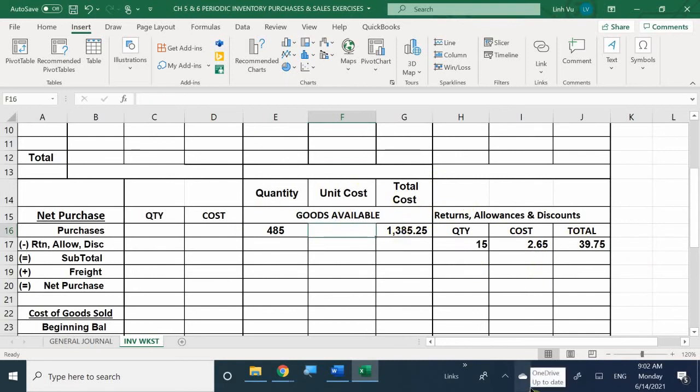So therefore, I need to recalculate my cost per item. So in this case, what is my cost per item going to be? I got 2.5681.